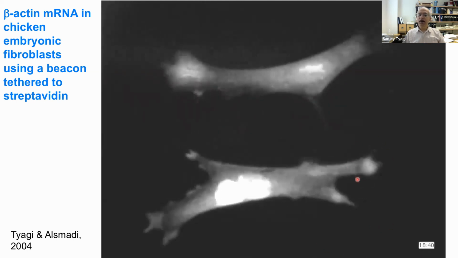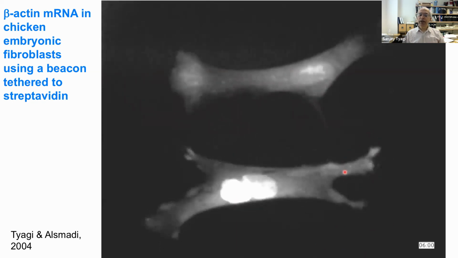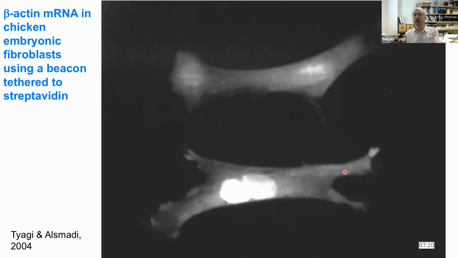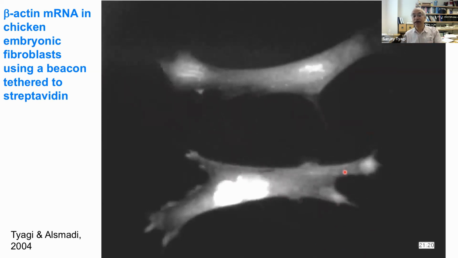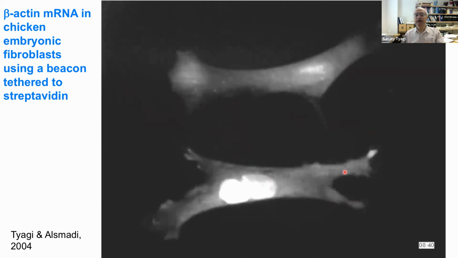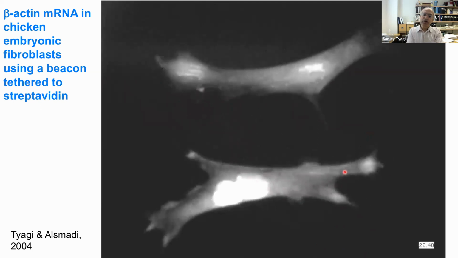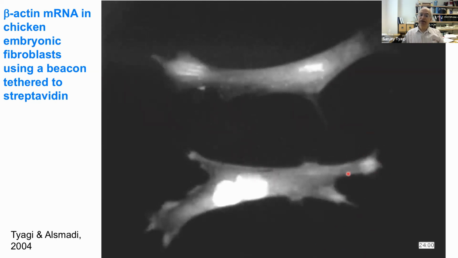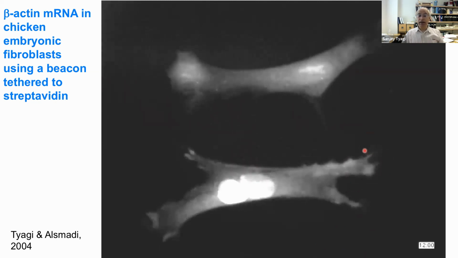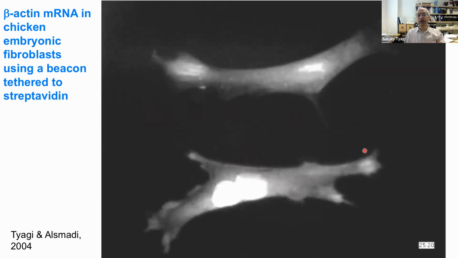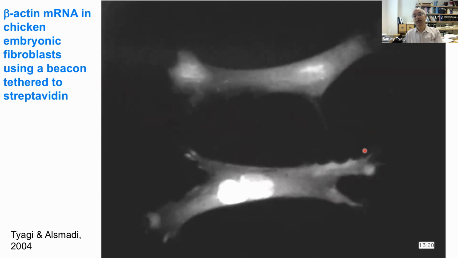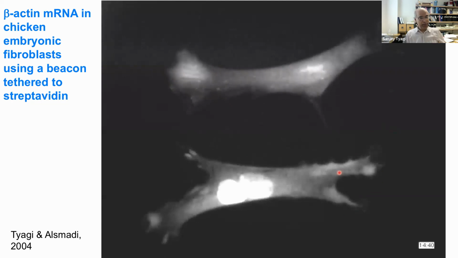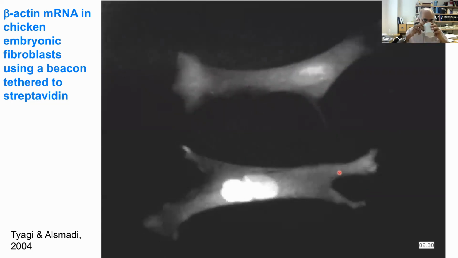And it helps the cell to keep most of the actin RNA in this area so that it can help in the dynamics of the cytoskeleton that is taking place at these pseudopods. So I think once we were able to keep the beacons in the cytoplasm, we were able to see this high concentration of the beacon in live cells.